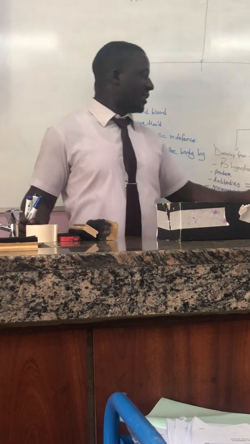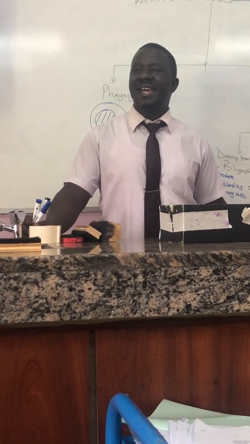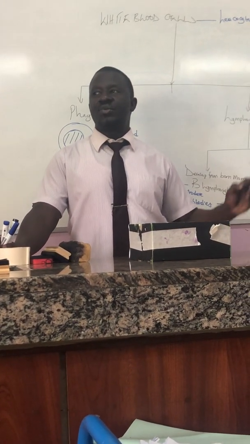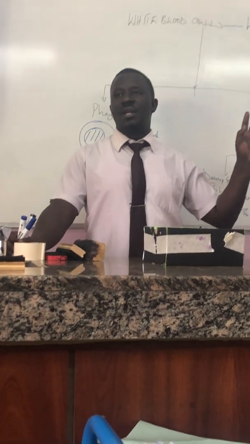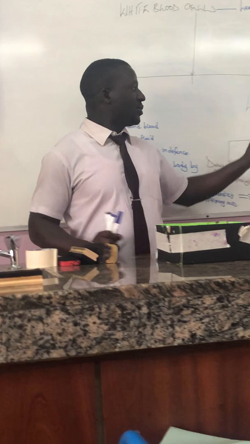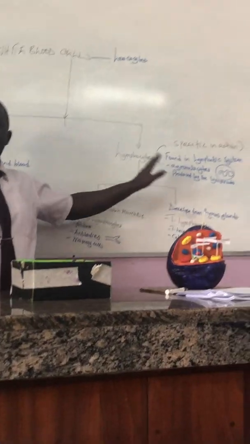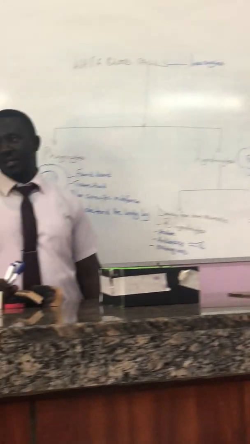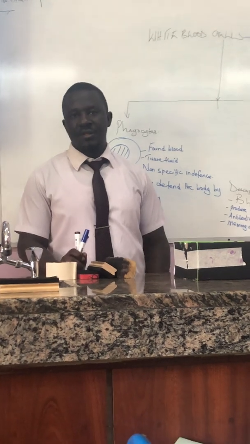That marks the differences between the white blood cells, where they work and how they work, and this is what we call specific immunity. They are very specific in action, and they are very interesting. Thank you.